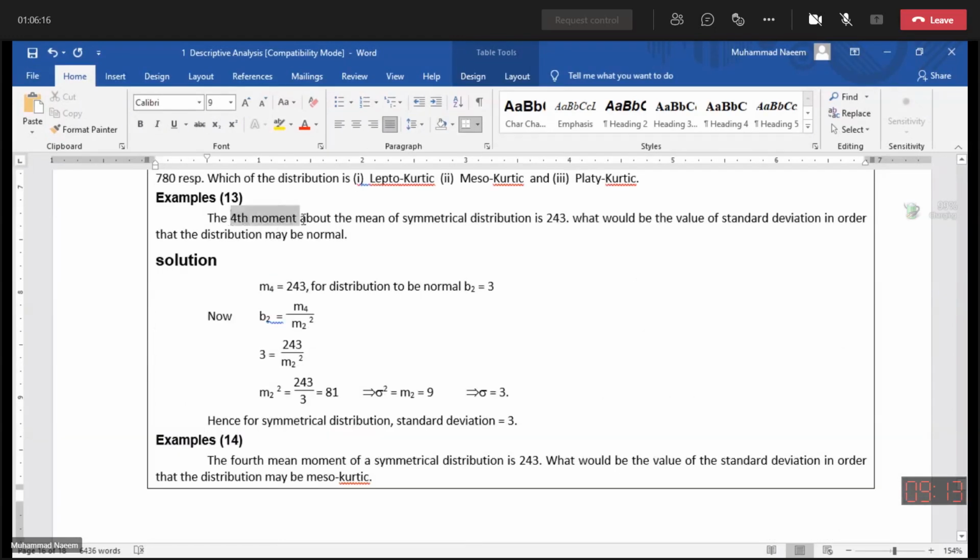Our fourth moment about mean is 243, standard deviation, and also the distribution is symmetrical.